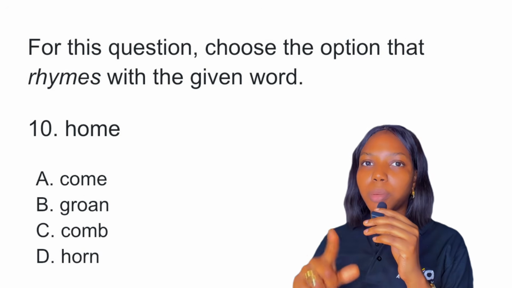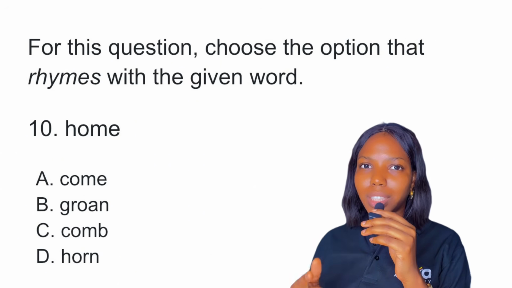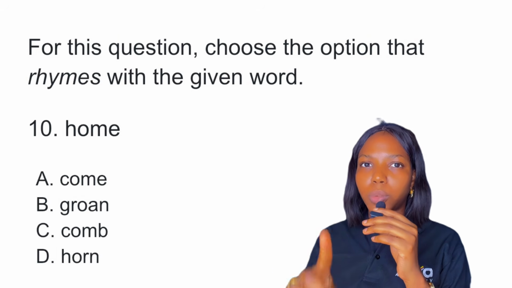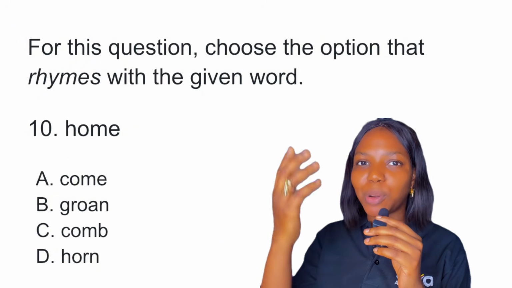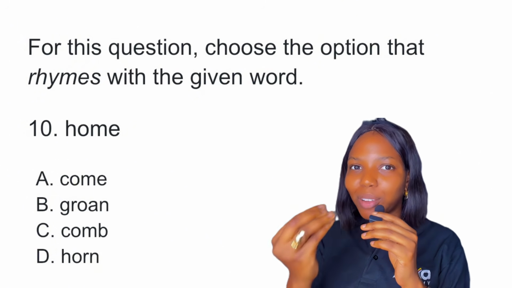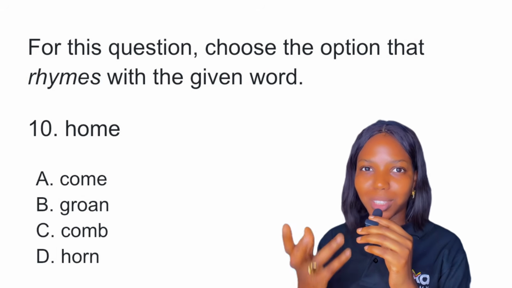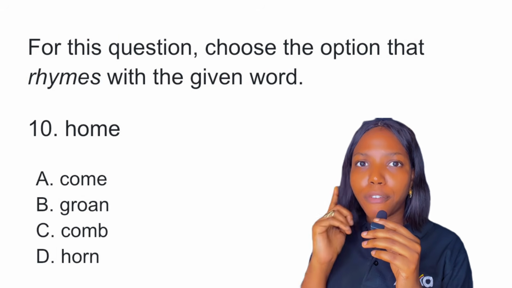Now, when answering rhyme questions, the first thing you need to do is pronounce the word in your head. Never rush to the options without clarifying the sound first in your mind. Pronounce the word mentally, okay? Because I know you wouldn't be able to talk in your exam, right? So you need to clarify the sound first.